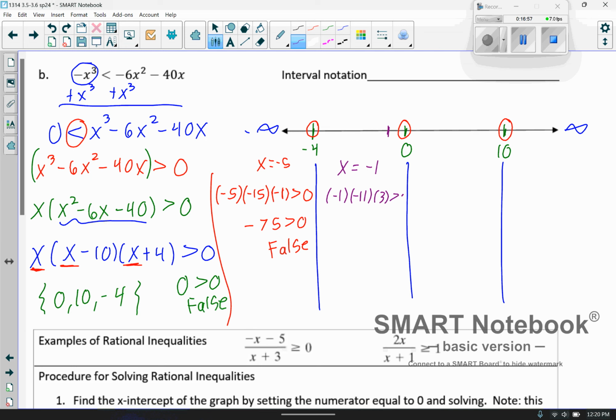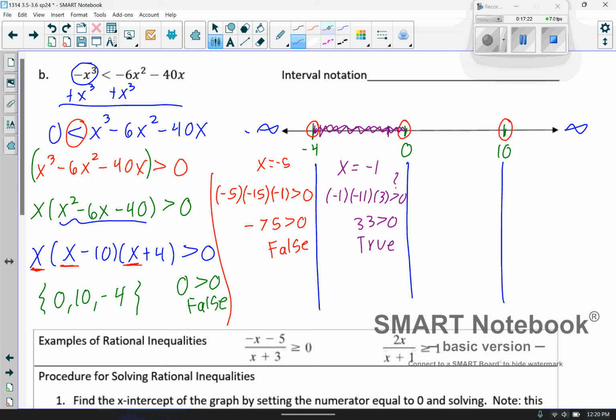Is that greater than 0? Well, when you multiply it together, it's 33, and 33 is greater than 0, so that is true. So we're going to go ahead and shade everything between right there.